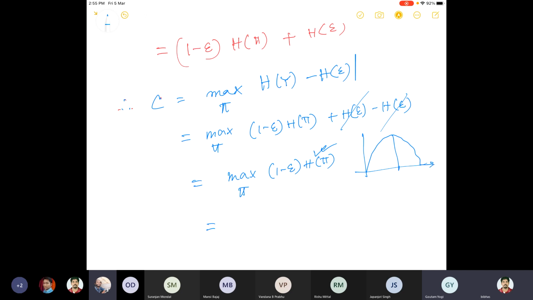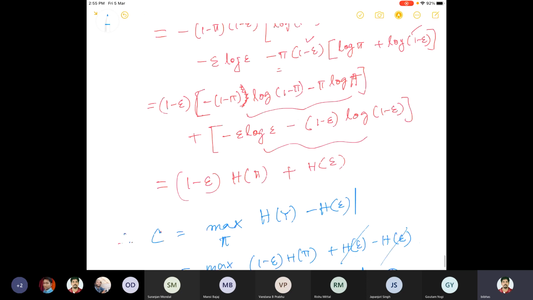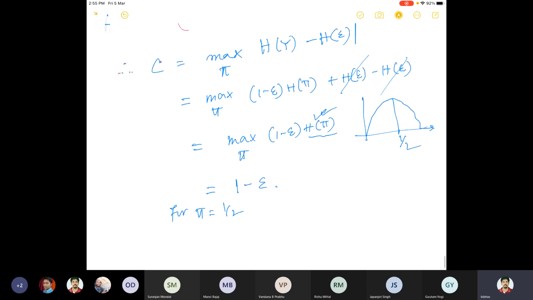For pi equal to half, it will be maximum, and the value of h will be equal to 1. So it is 1 minus epsilon. So for pi equal to half, that is, for the uniform distribution of the input random variable, that will give me the maximum, and this maximum value is 1 minus epsilon.